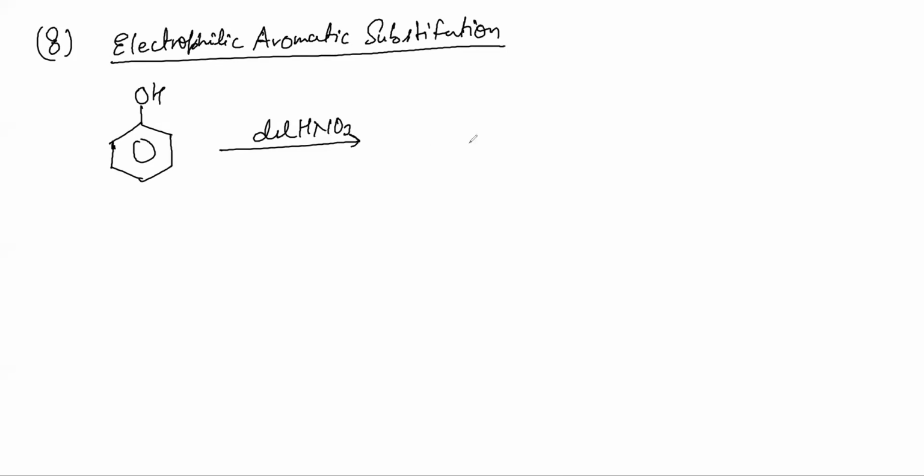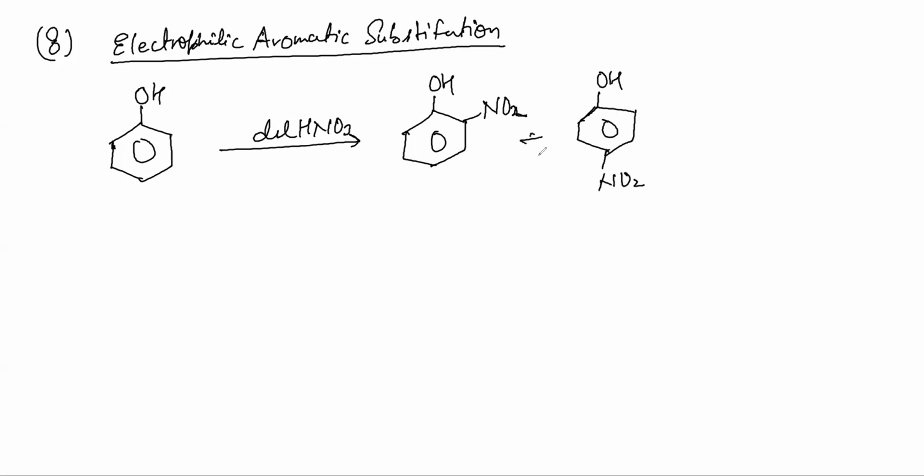You are going to get this, OH and here NO2, plus OH into this. Okay, please note this. Means you don't even require H2SO4 here. Directly dilute HNO3 can perform this.